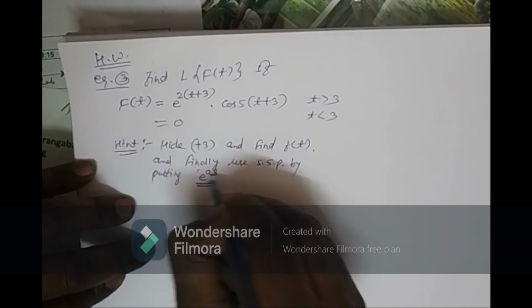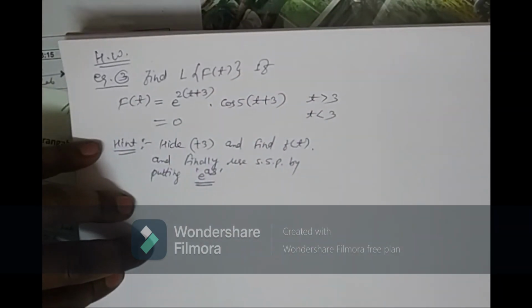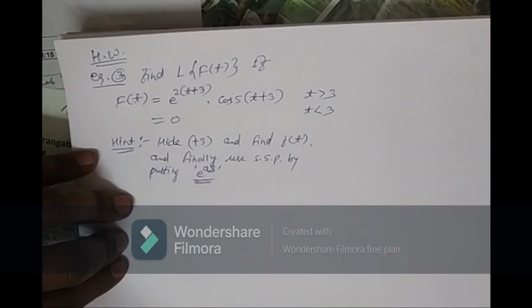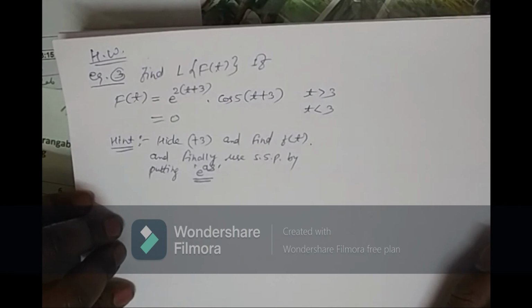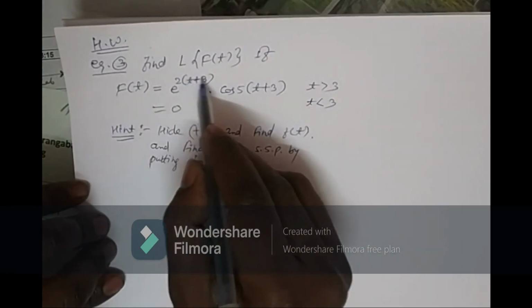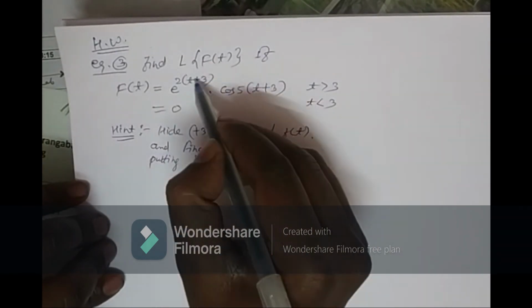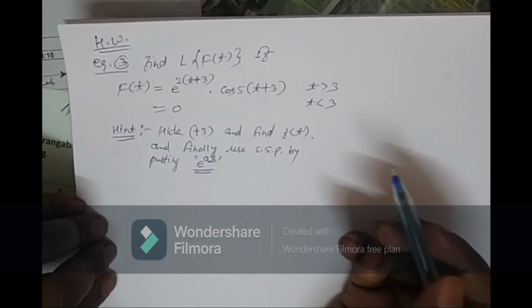Why? Because plus is given, that's why our answer will be e raised to plus s. Remember this. If t minus 3 is given, then we have to write e raised to minus s, but if plus is given, then we have to write plus.